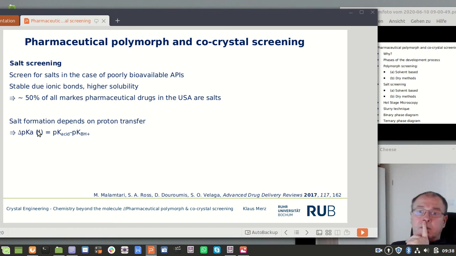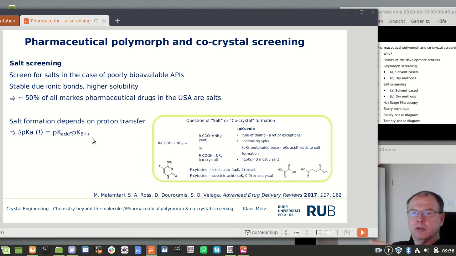What are you doing to obtain a salt? You remember, the salt formation strongly depends on the proton transfer of the two compounds. And you can estimate this with a very nice equation here, the delta pKa, so pKa of the acid minus the pKa of the protonated base.